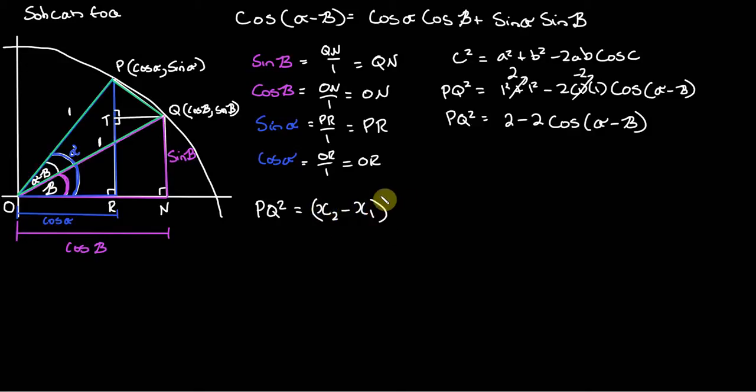x sub 2 minus x sub 1 squared plus y sub 2 minus y sub 1 squared, right? This is just the distance formula, this is very basic, and so we can say PQ squared equals, what's x sub 2, cos A?